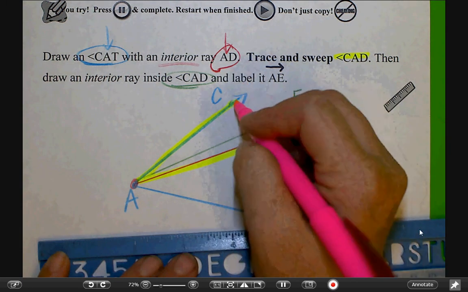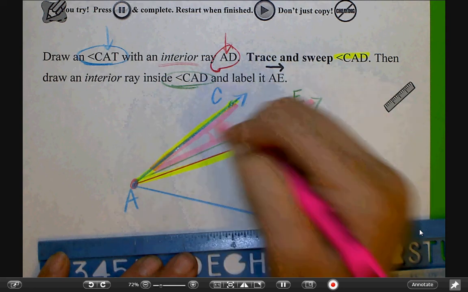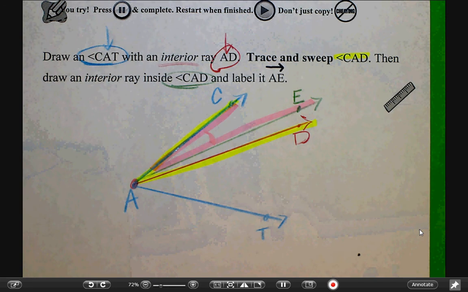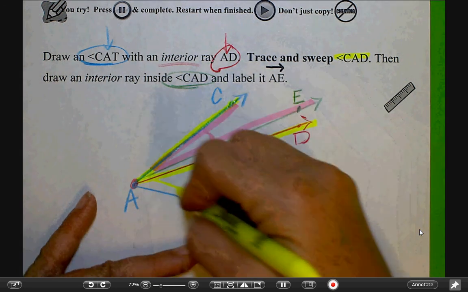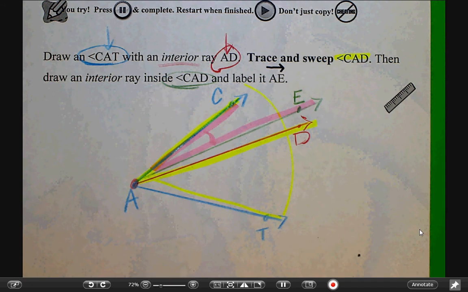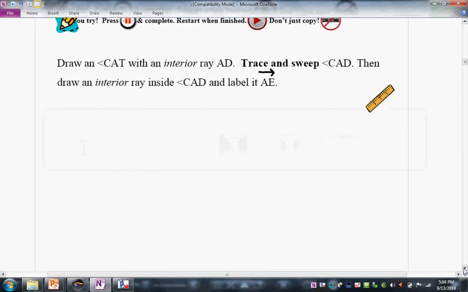Trace and sweep, CAD. All right, you should have something that looks like this. Let's go back, add a few more other items here.